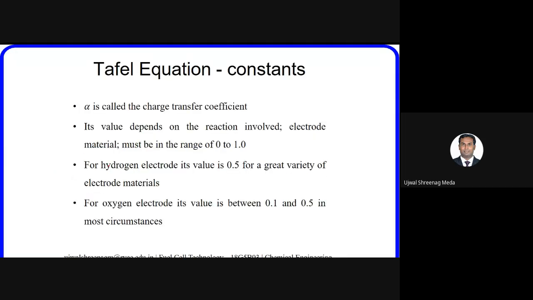And this alpha is known as the charge transfer coefficient. It depends on the type of reaction and electrode material, and usually the value of alpha will be in the range of 0 to 1.